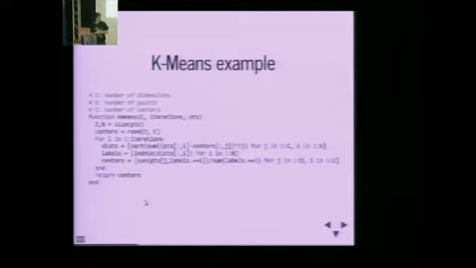So here I give an example of a k-means function written in Julia. I won't go into the algorithmic details, but I will just try to walk through the features of Julia. So there are operators like minus or the power operator. These are overloaded for both scalar values and also array values.